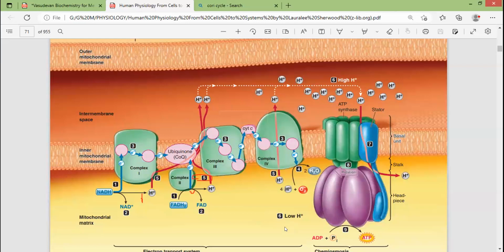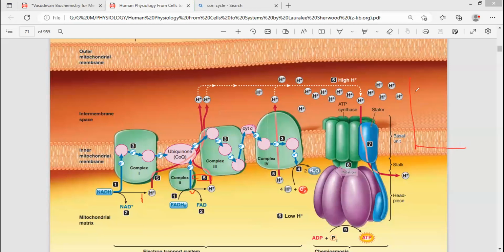Now, this is where the magic happens, ladies and gentlemen. This is how we make ATP, by utilizing the most simplest of concepts: stuff moving from high concentration to a low concentration. Because now we've created a gradient, right? And remember, a gradient, basically from high school maths.